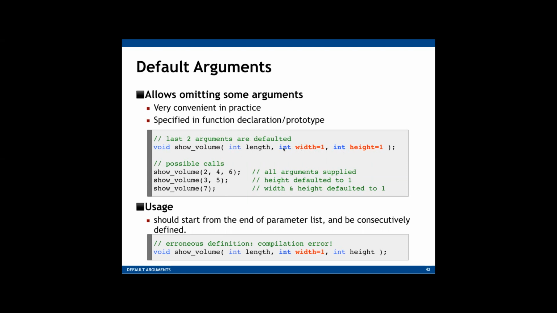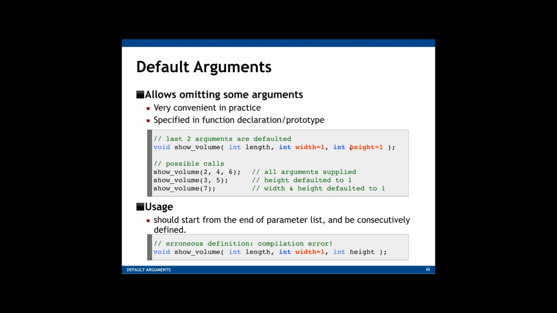We are providing a default value for the second and third parameters like this. And if the caller does not give the second and third arguments when calling this show volume function, the default value, which is 1, will be used for the second argument and 1 for the third argument as well.